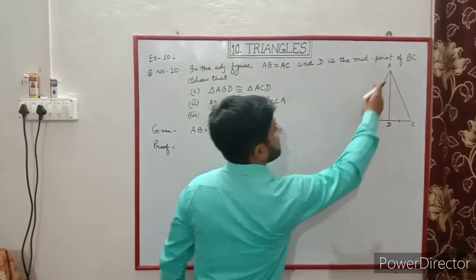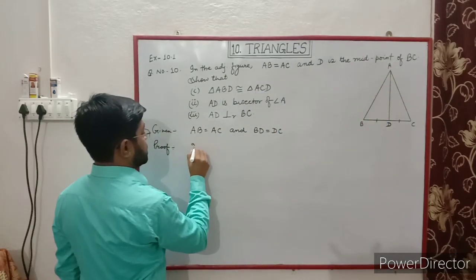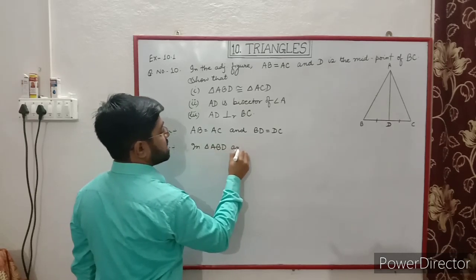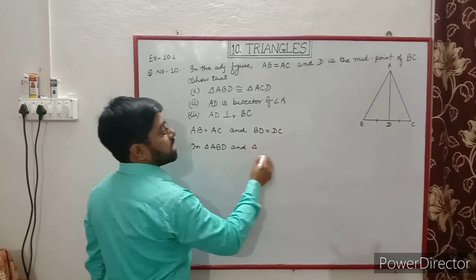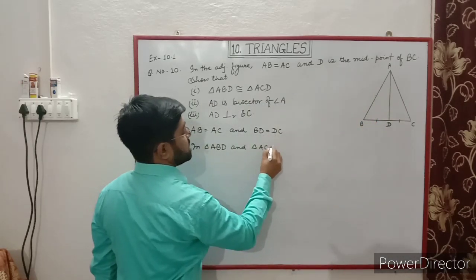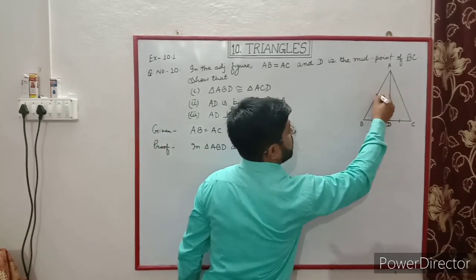We take two triangles, triangle ABD and triangle ACD. Now first, AB is equal to AC.